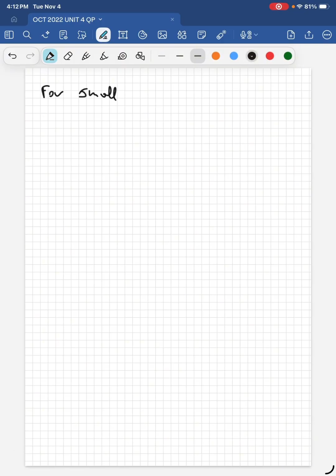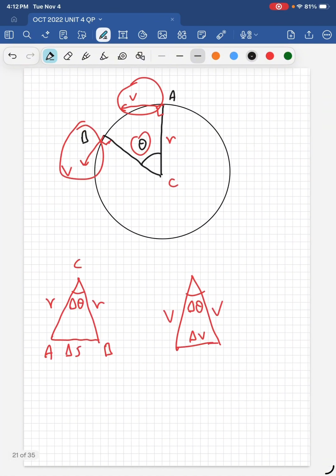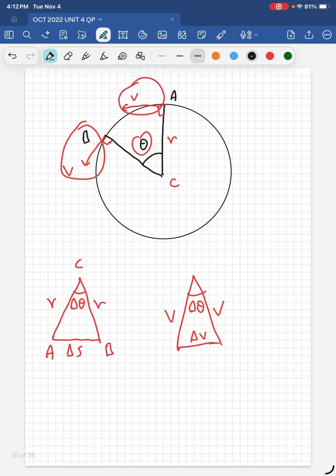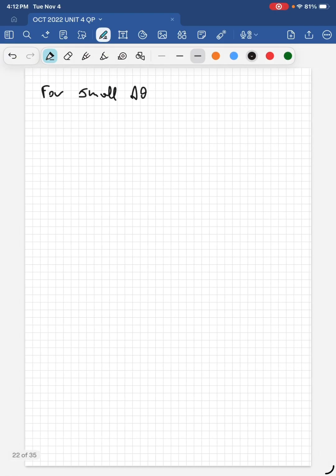So for small delta theta, since these triangles are similar because two sides are equal and the angle between these two sides is delta theta, which is the same, this means that their sides are proportional. So delta S over delta V is equal to r over v.